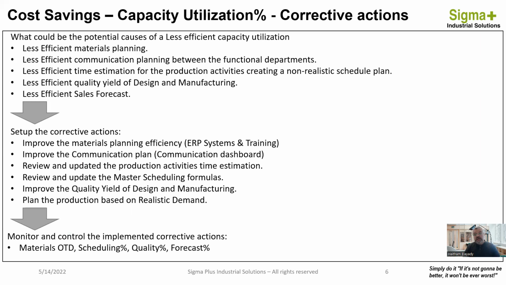Even when it comes to the time estimation for the production activities, sometimes as a production guy, I'm requested to make some time study for the activities. I know that an activity is consuming approximately 2 hours, but to make myself more relaxed and away from any risk, I put 3 hours.